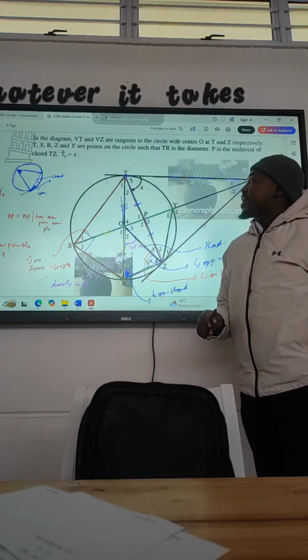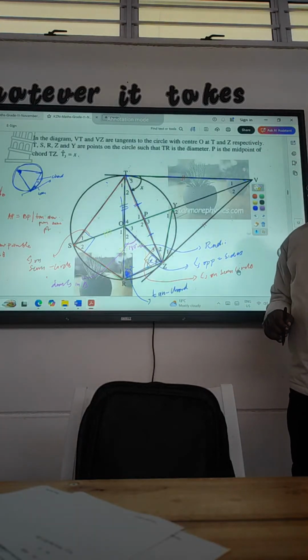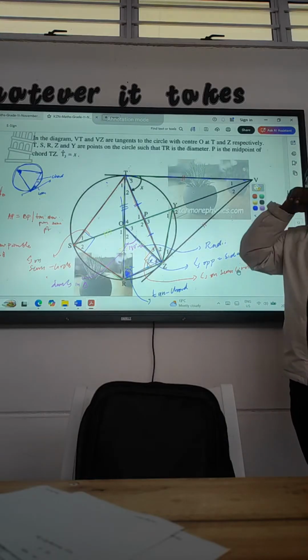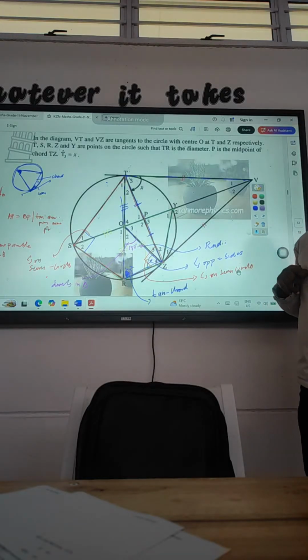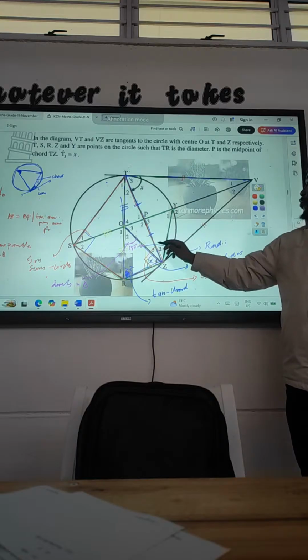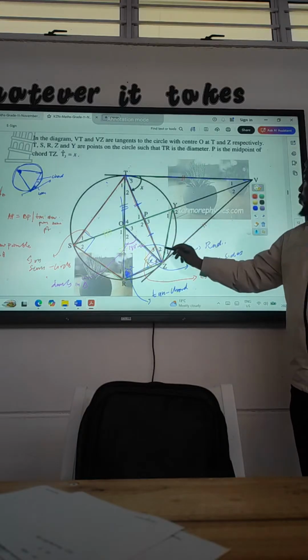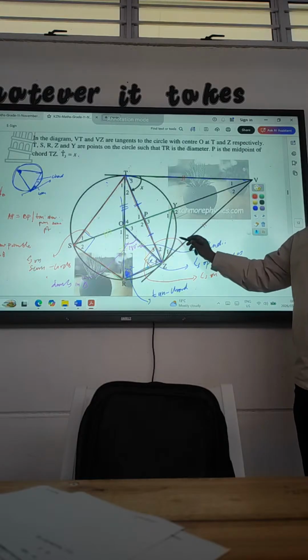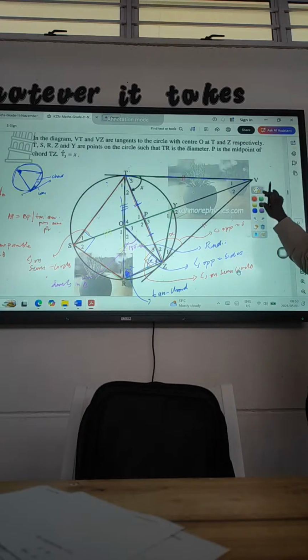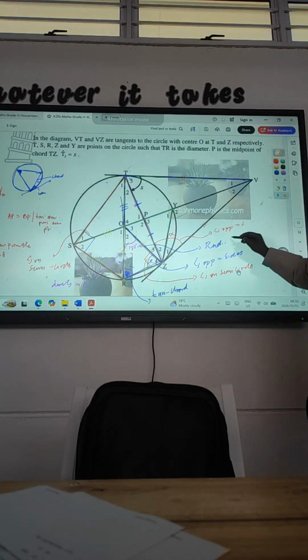And how is this going to help us? Z1 and Z2, we have this angle. Let me try to use it with the red. This angle is also equal to x, because angles opposite equal sides.